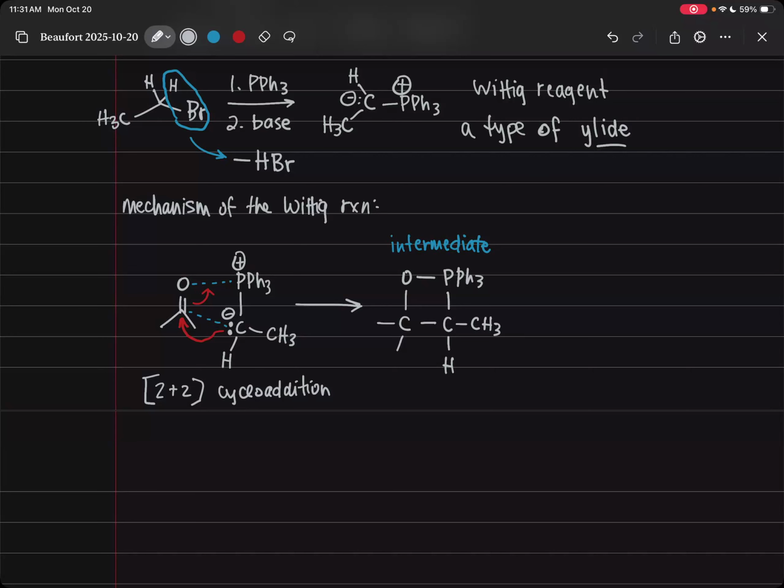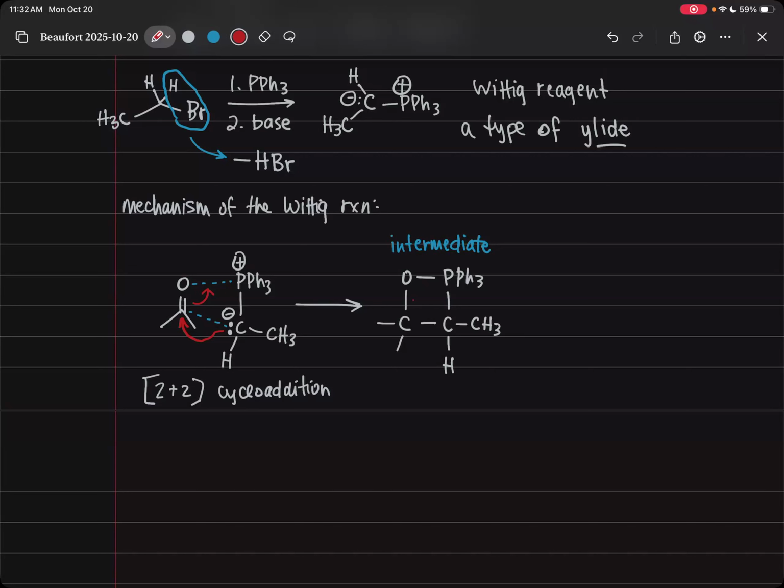And there's another sort of driving force for this reaction to continue forward, and that is that phosphorus and oxygen really like each other. And if oxygen can form an additional bond to that phosphorus, it would most certainly like to. And so in the same way that we formed a four-membered ring with two arrows, we're going to break the four-membered ring with two arrows. And that's going to give us the final product.